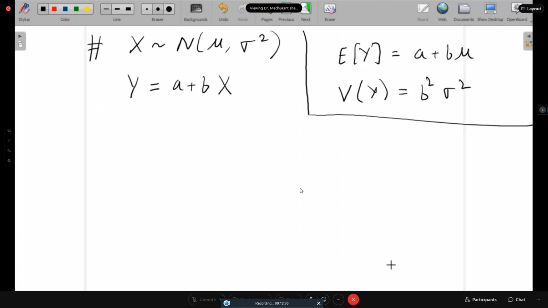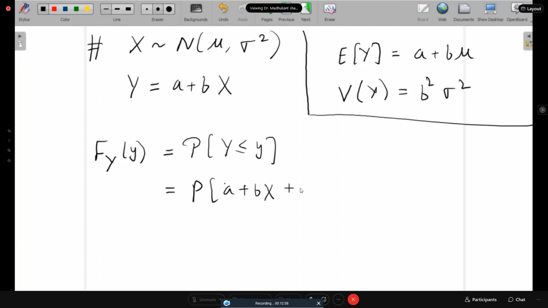Now, if you go with the cumulative distribution function, F_Y of y is equal to probability that Y is less than or equal to y. Okay. Now this is equal to probability that a plus bX is less than or equal to y. That's equal to probability that bX is less than or equal to y minus a. It will not influence the inequality.